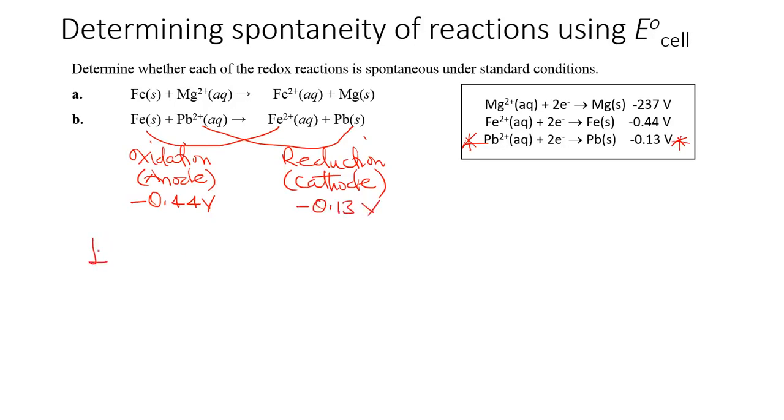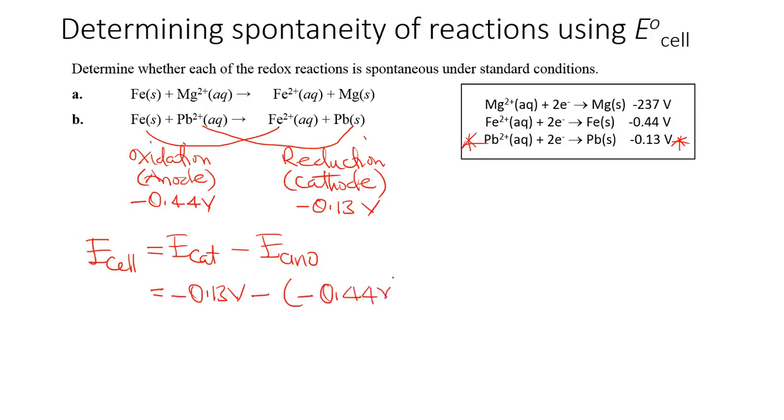So the E cell for the total reaction is given by E cathode minus E anode, which is minus 0.13 volts minus minus 0.44 volts.